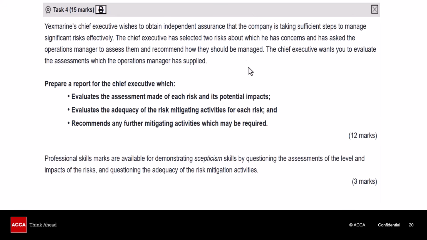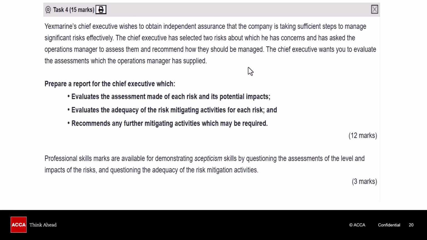Here, in a separate question, the task requires us to prepare a report for the Chief Executive, which evaluates the assessment made of each risk and its potential impact. So again, we have an assessment of the risk, we have an assessment of the impacts, and we need to say, well, have we assessed those risks and impacts correctly, or is there something we're missing?